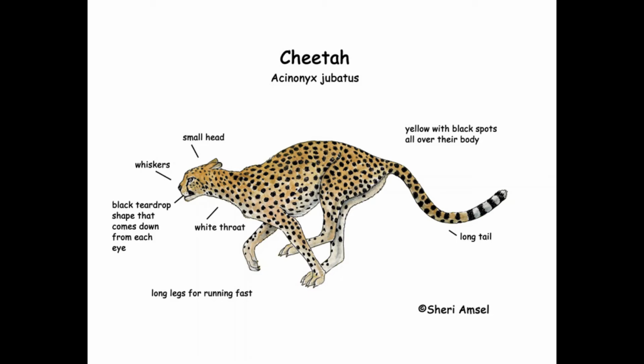They also have long teardrop lines on the side of their eyes that are black that act as a sun cutter, and their spots and dots help them to camouflage. And these adaptations help them hunt and catch prey, but they also let them hide from predators that might try and get them.